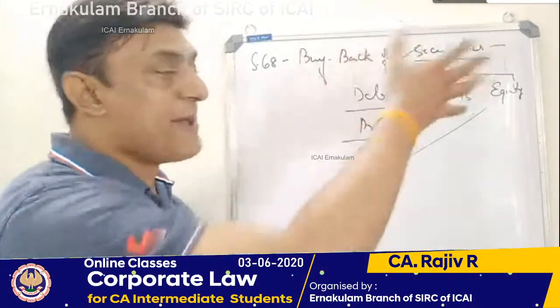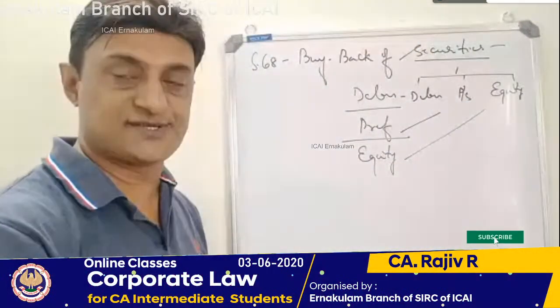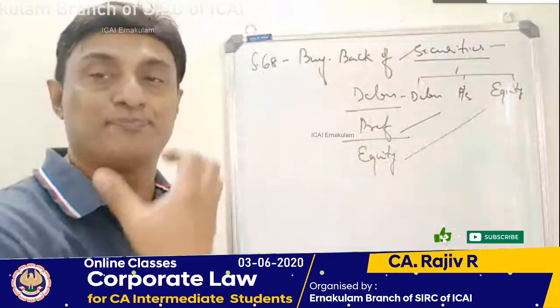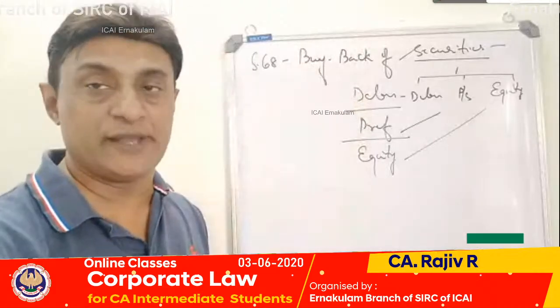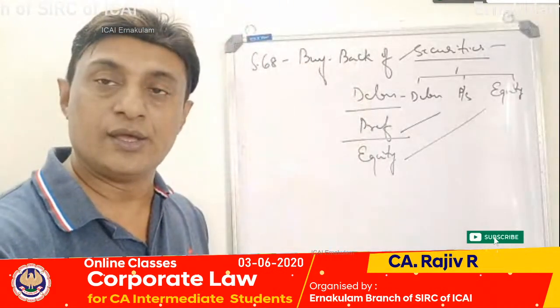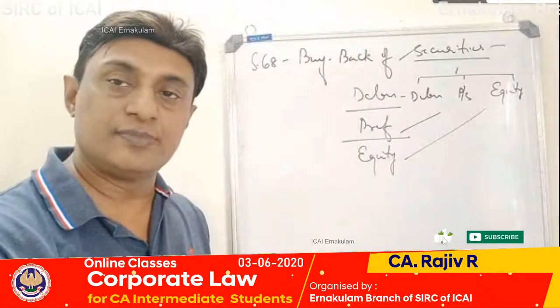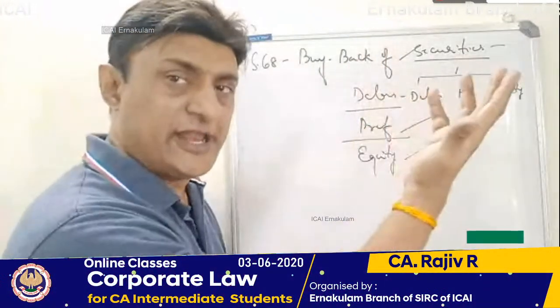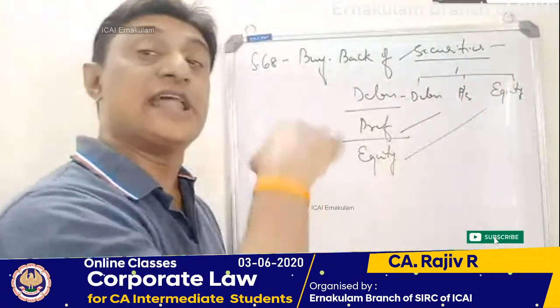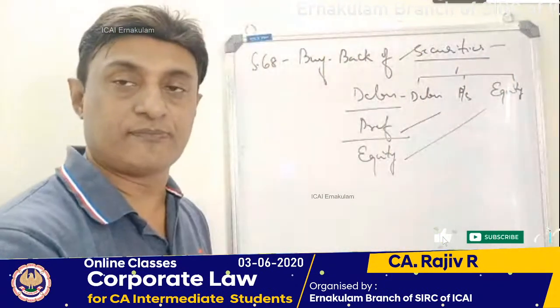So the term buyback of securities is used so that this facility can be utilized by a company, by the board of directors of a company, to reduce either its debentures or its preferred shares, which are already redeemable, before their actual due date for maturity.